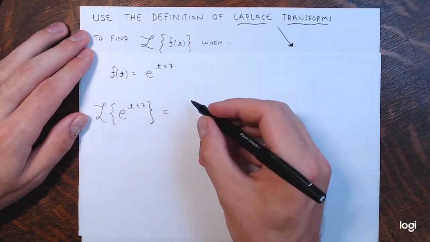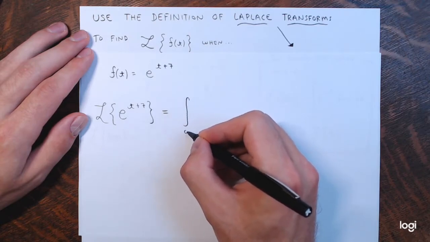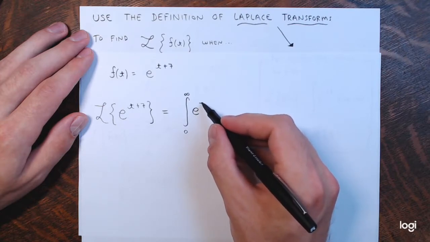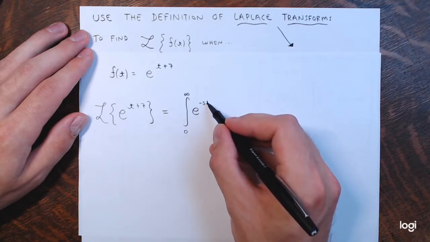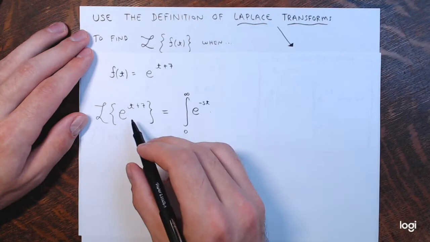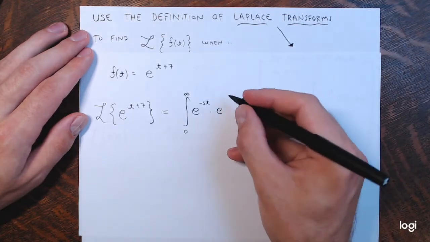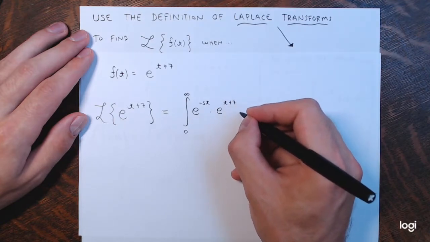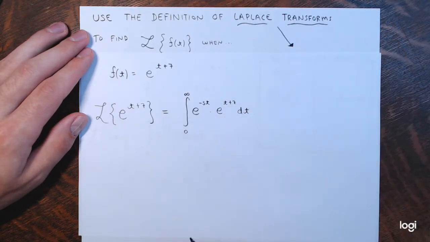So again, same definition, integral from 0 to infinity of e to the negative st times the function, e to the t plus 7 power. And then with respect to t, right, dt.